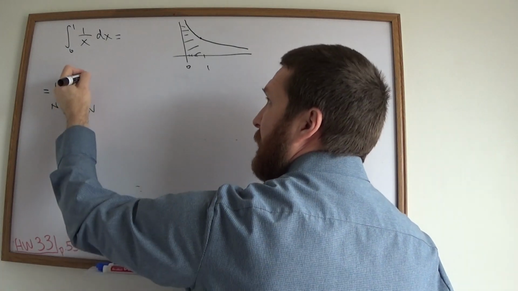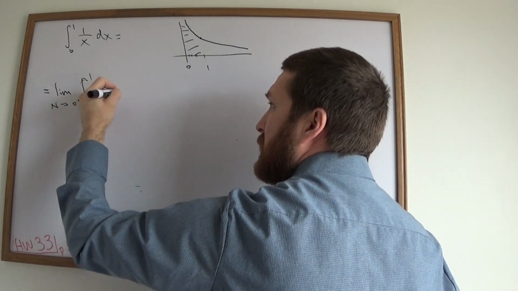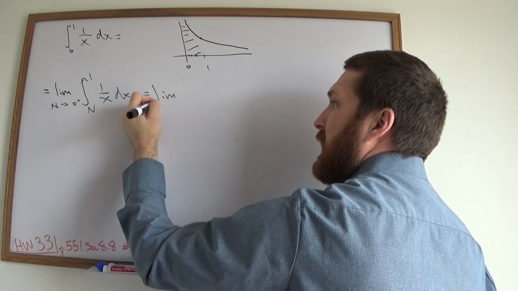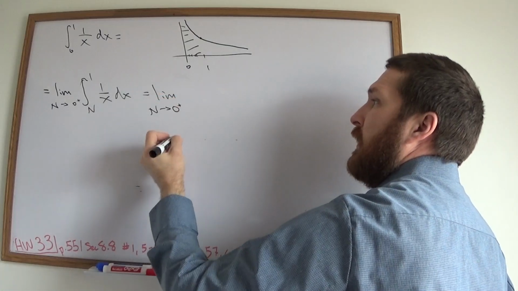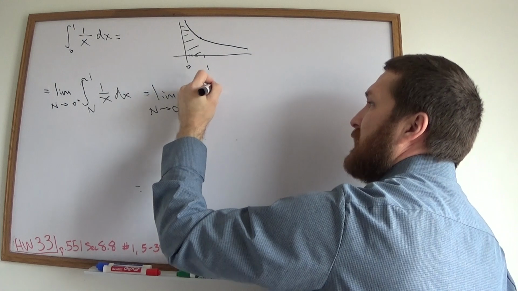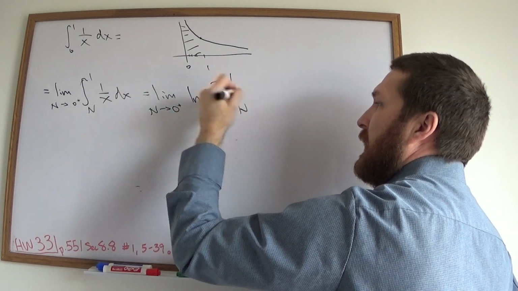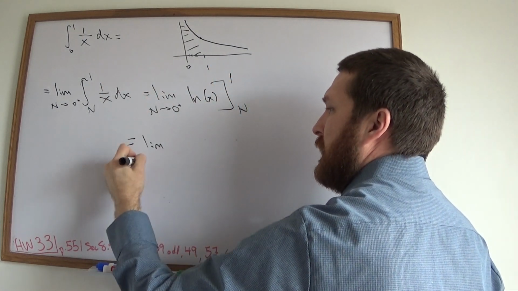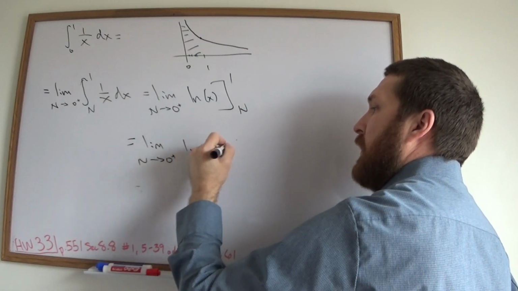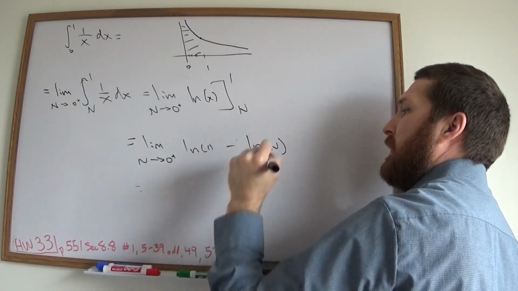I'm going to go n up to 1 of 1/x dx, which is the limit as n goes to 0 from above of log x evaluated at 1 and n, which is log 1 minus log n.